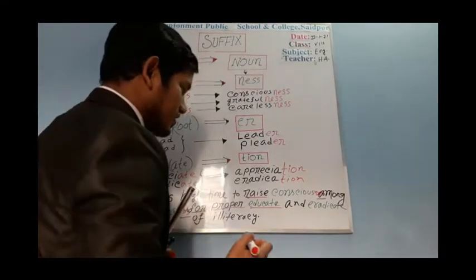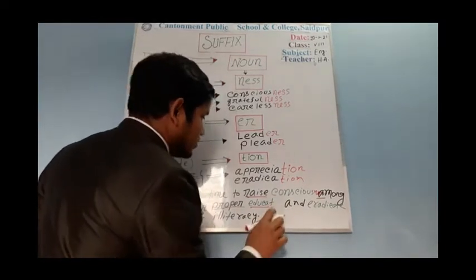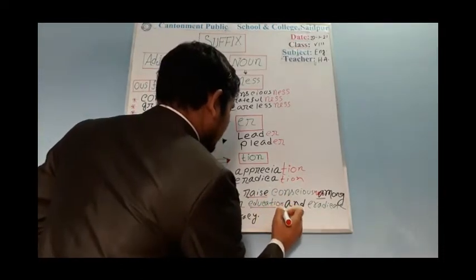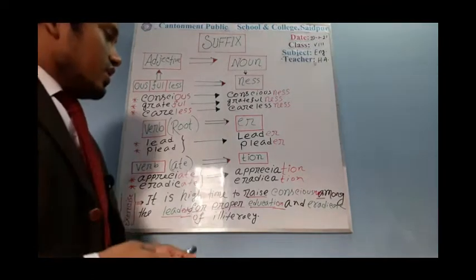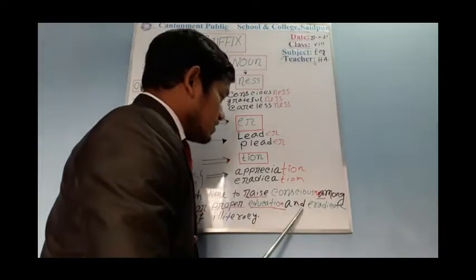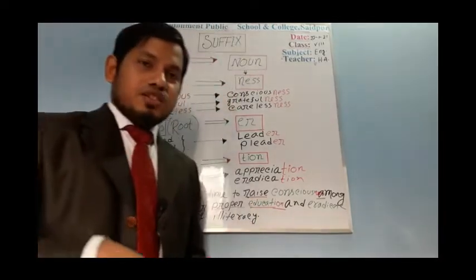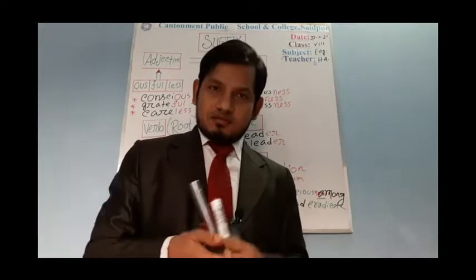Okay, here I am raising the E from educate. Now education, T-I-O-N. The next word is "and," then eradicate. Eradicate means to get rid of any bad habits, any bad effect.